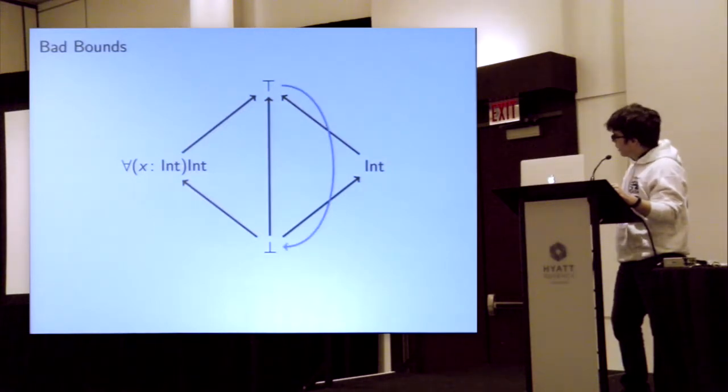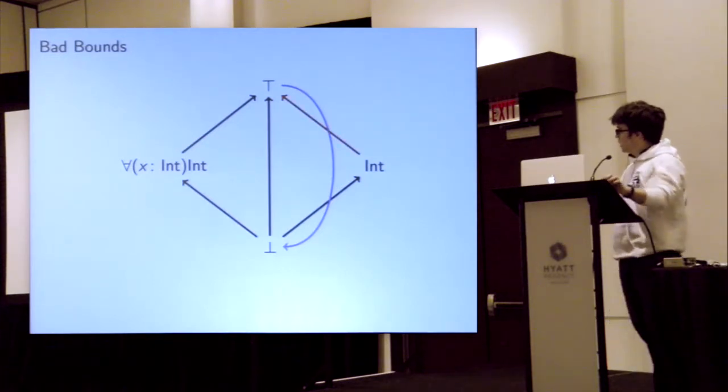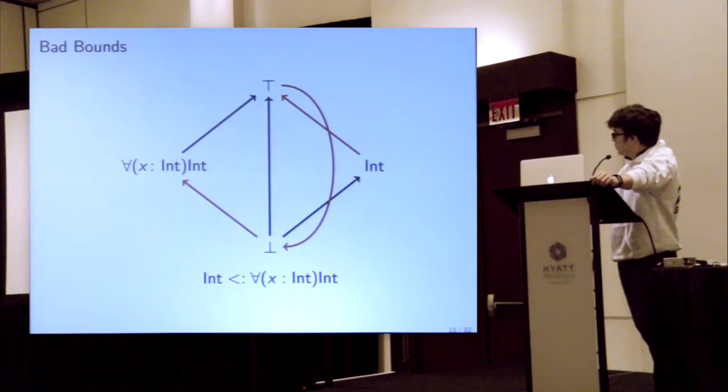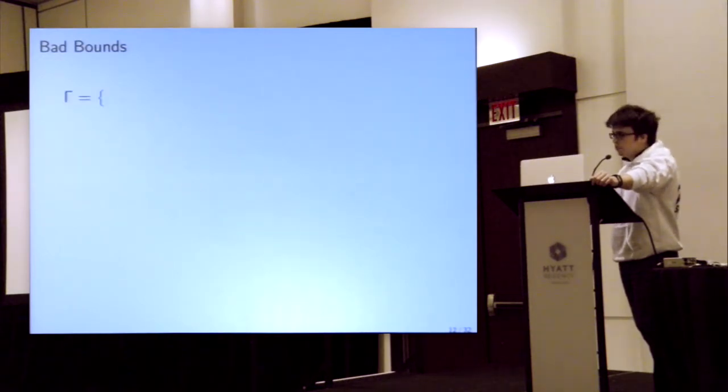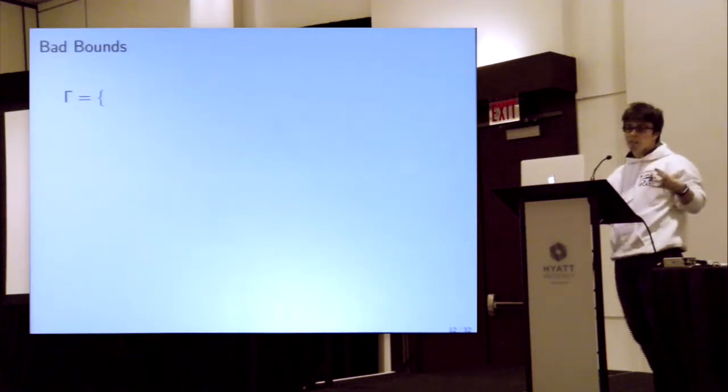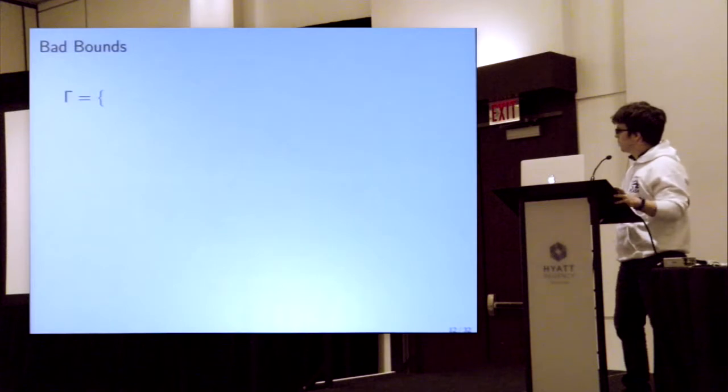So certainly I know that int is a subtype of top. And I just said that inside the body of E, top is a subtype of bottom. And certainly bottom is a subtype of int goes to int. So that's it, right? And I can do this for any two types. So these type declarations with bad bounds are problematic for that reason.